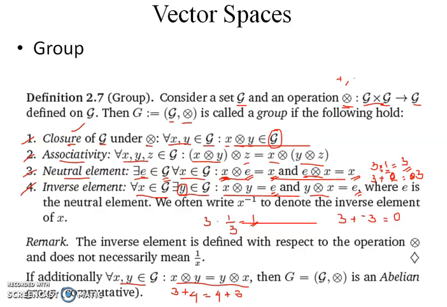So real numbers over addition come under the abelian group.